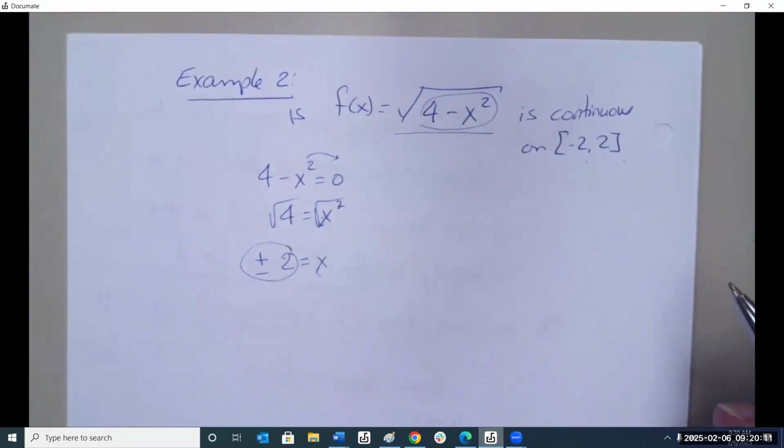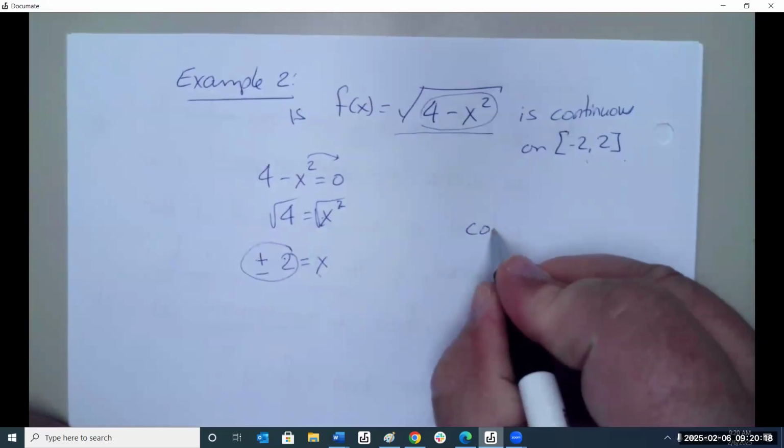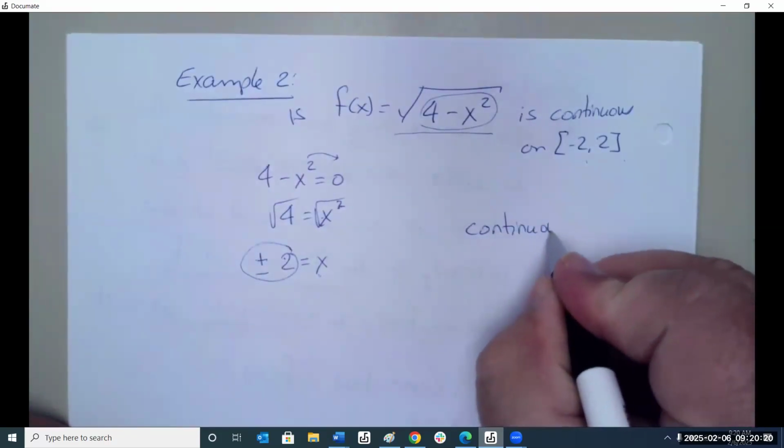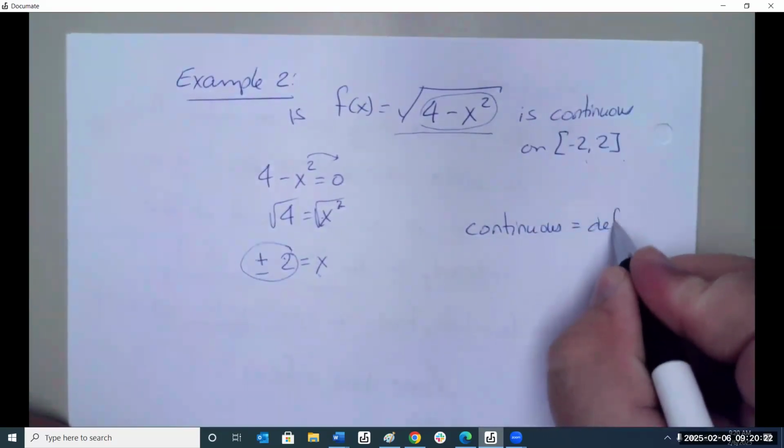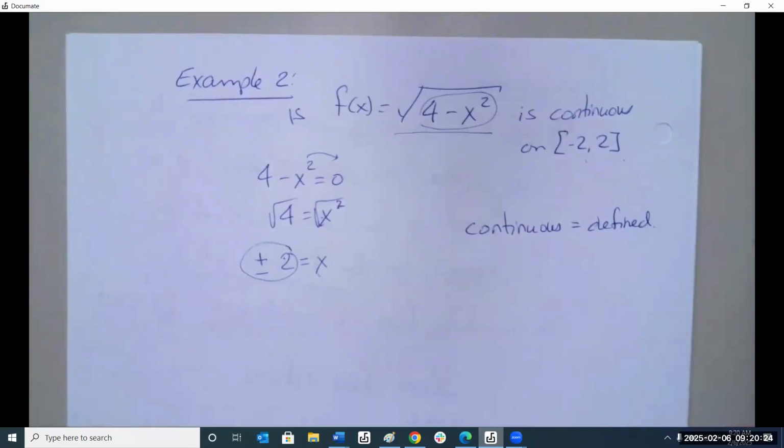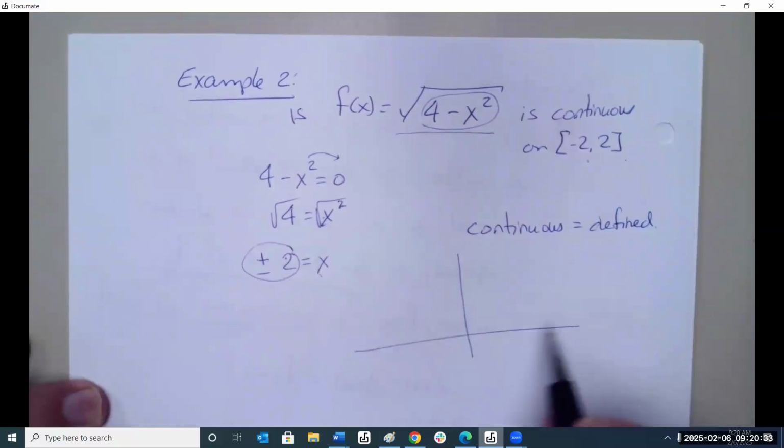Are there any values inside there where the function is not continuous, not defined? You could look at it this way. Continuous means defined. We're from -2 to 2.